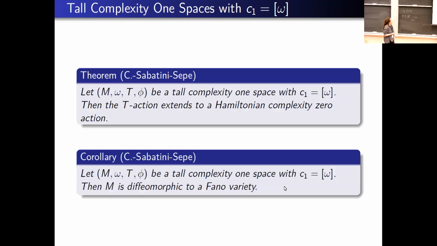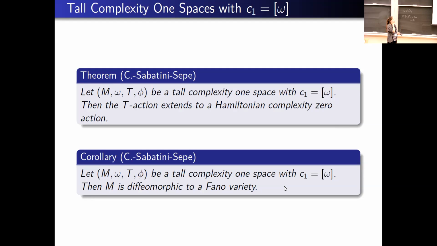The result is that when you have a Tor complexity 1 space whose first Chern class is equal to the class given by the symplectic form, then the T action extends to a Hamiltonian complexity 0 action.